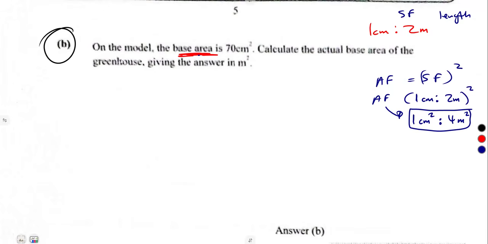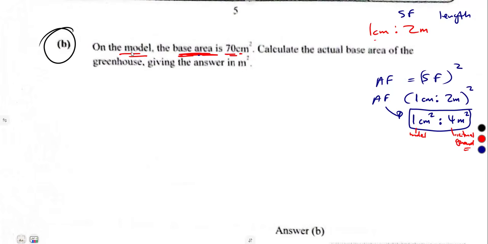So they are saying here, the model as it is before. This is your model, the map, and this is the actual, what is on the actual ground. So they are saying on the model, the base area is 70 square centimeters.